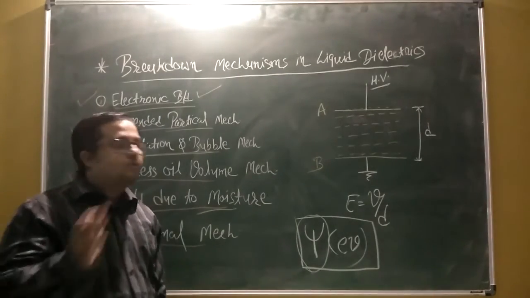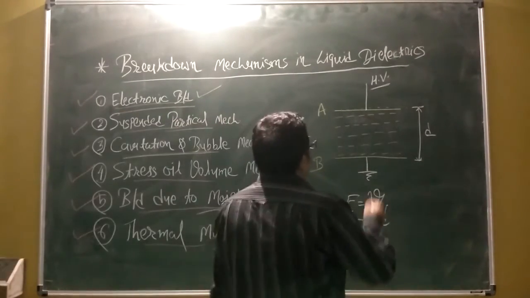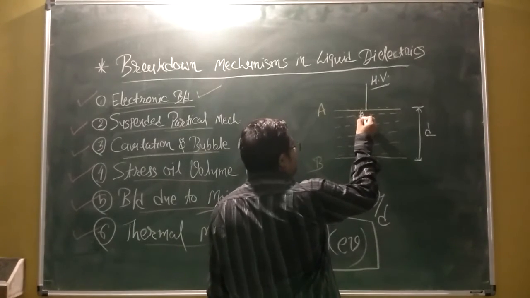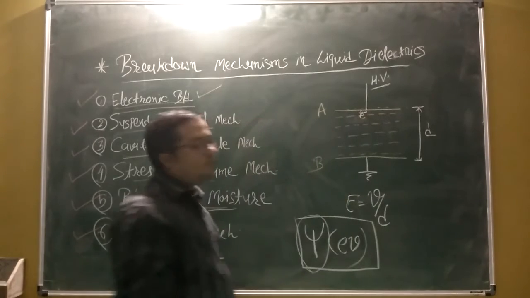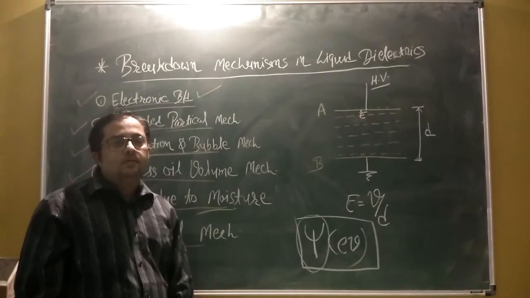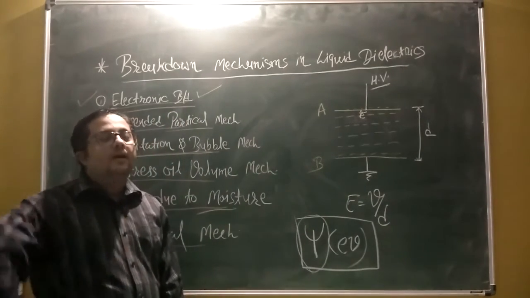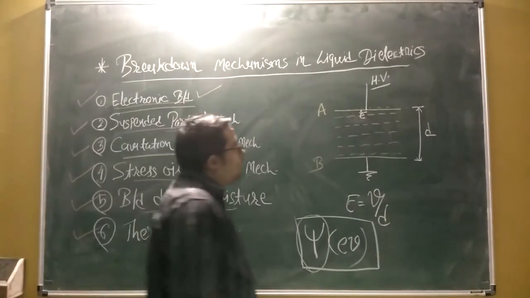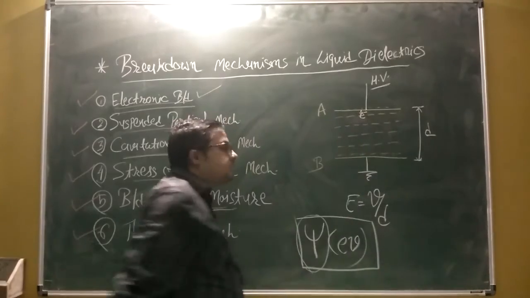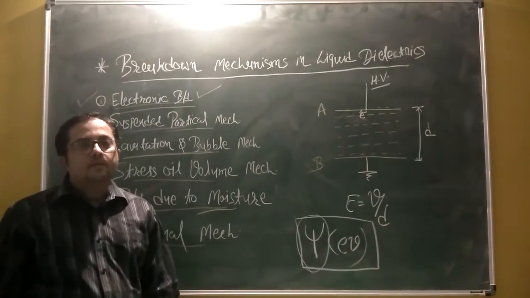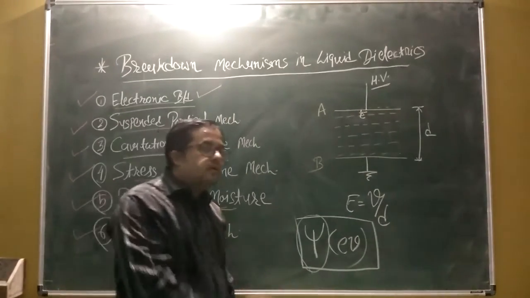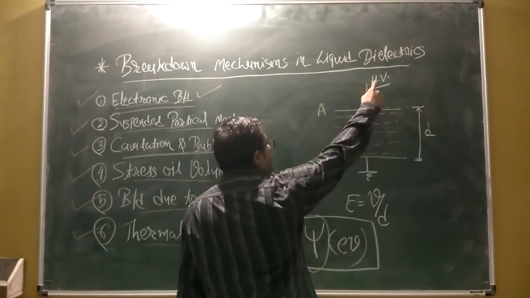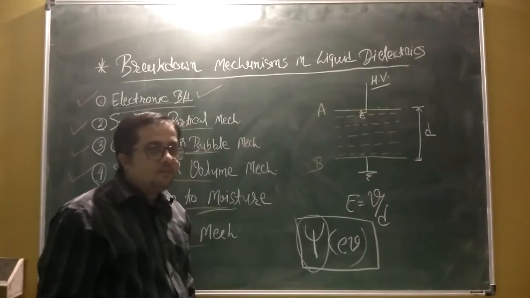Once it gets collapsed, the electron is injected from the surface of the electrode. We have seen that to assist the ionization process, the primary electron is necessary. Now what is this electron doing? The electron gains the kinetic energy from the applied voltage.